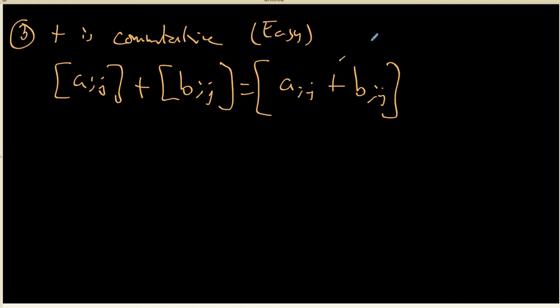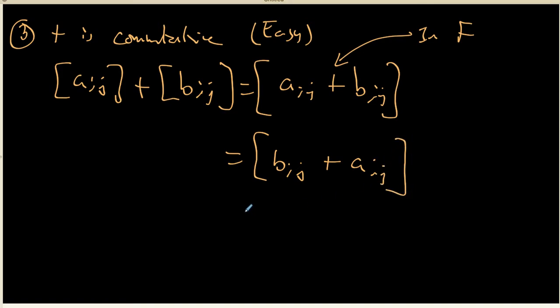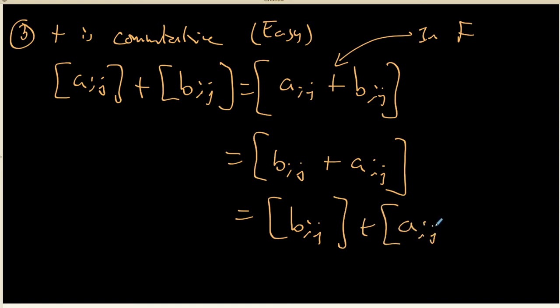But this addition here is inside F, and addition commutes inside F because F is a field. So we can swap the order of those two, and then we get that the matrix of Aij's plus Bij's is equal to the matrix of Bij's plus Aij's. So commutativity is not a problem.